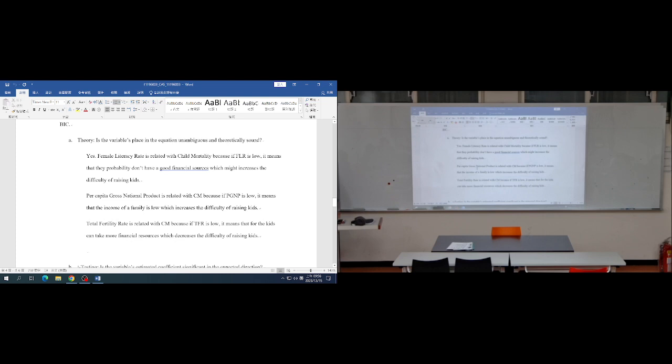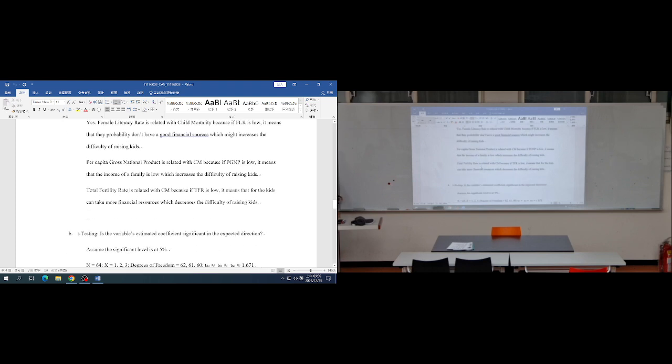And for PGNP, if PGNP is low, it means that the income of each family is low, which also increases the difficulty of raising a kid. And for TFR, it means that kids take more financial resources.